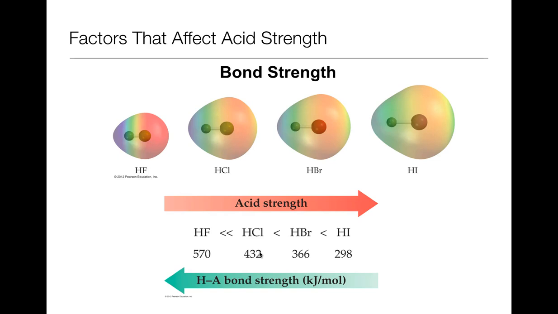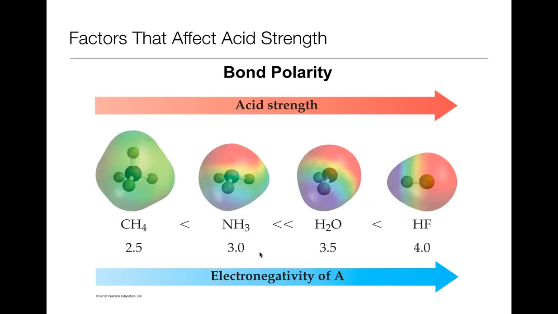That means it doesn't take very much energy to break the HI bond, but it takes a lot more to break the HF bond. And we're going to find that this also trends with electronegativity. So as electronegativity goes up, the acid strength is also going to go up.